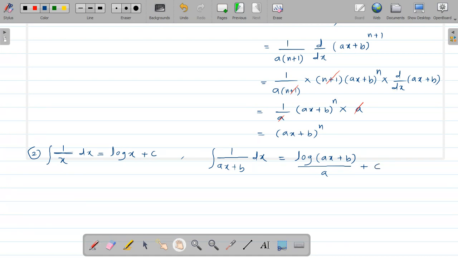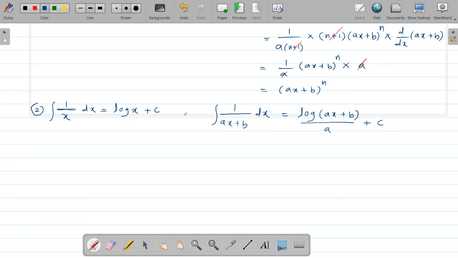Okay, so if the integration of 1 upon x is equal to log x plus c, then the integration of 1 upon ax plus b is equal to log of ax plus b upon a. Now if you want to verify this again, then see the verification here.